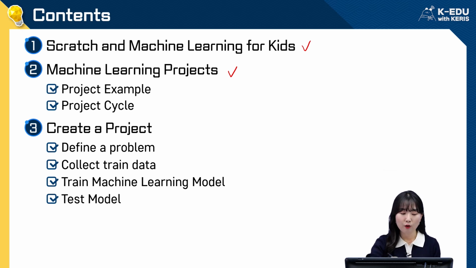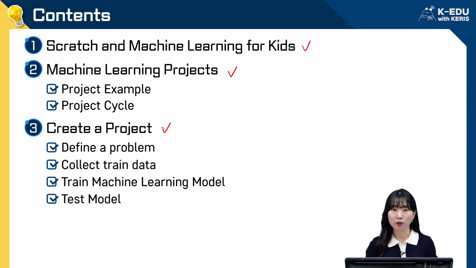And third, we will create a project of our own in 4 steps: define a problem, collect training data, train a machine learning model, and last, test the model. And let's go into this video.